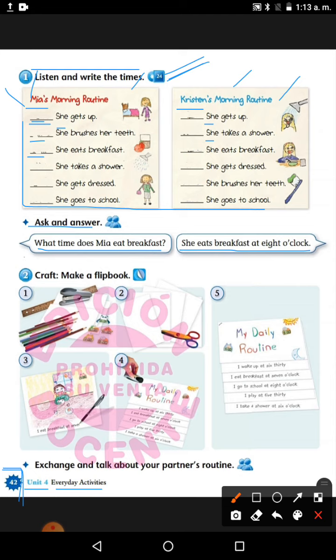So look at the question again. What time does Mia eat breakfast? Here we are using the auxiliary does, okay? The auxiliary for the third person singular, Mia.